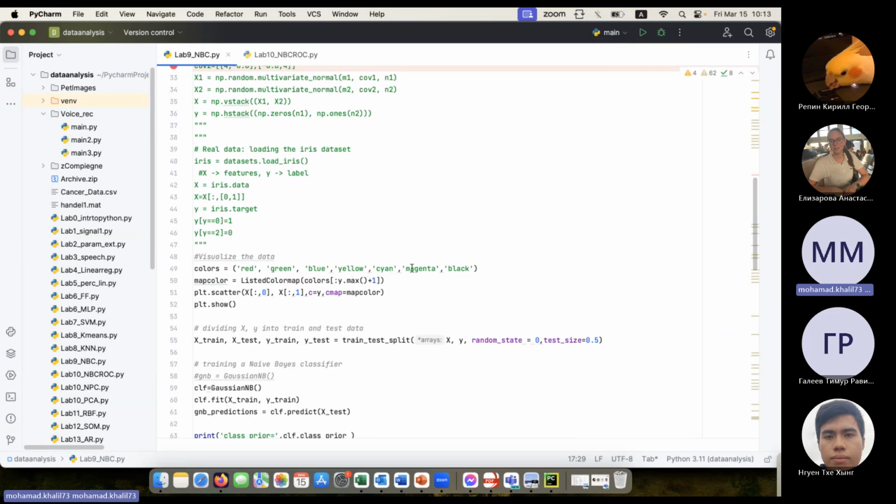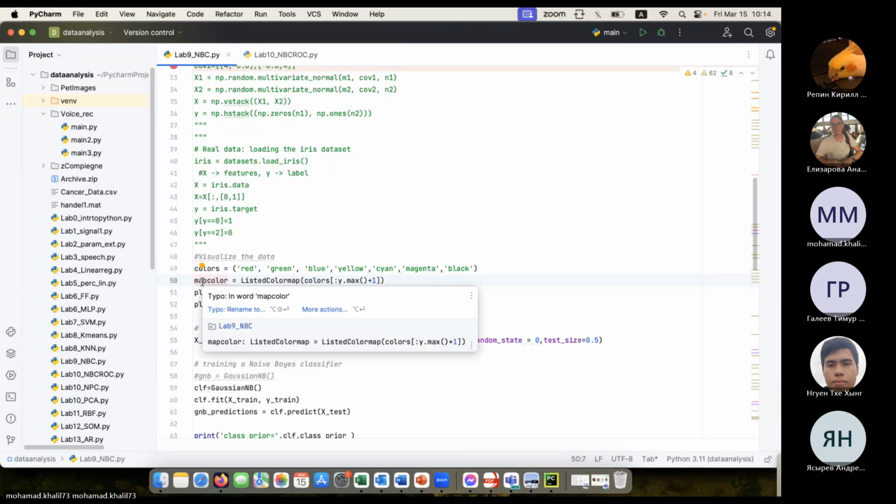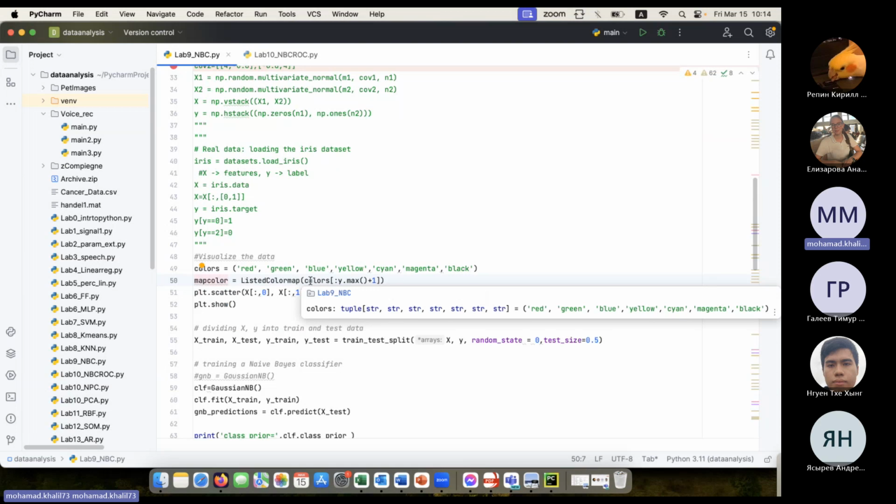Colors equal red, green, blue, yellow, cyan, magenta, black. I create a list of colors and a map color equal to listed color map, because I want to make the scatter of X 0, 1, where the classes are Y and cmap equals map color. The map color is like here, you know, the listed color map.